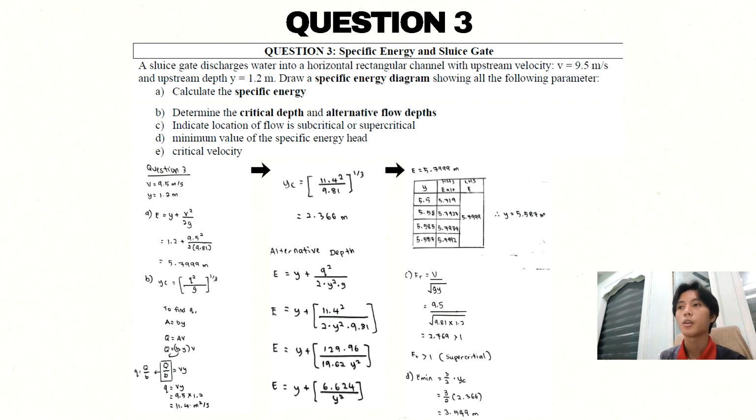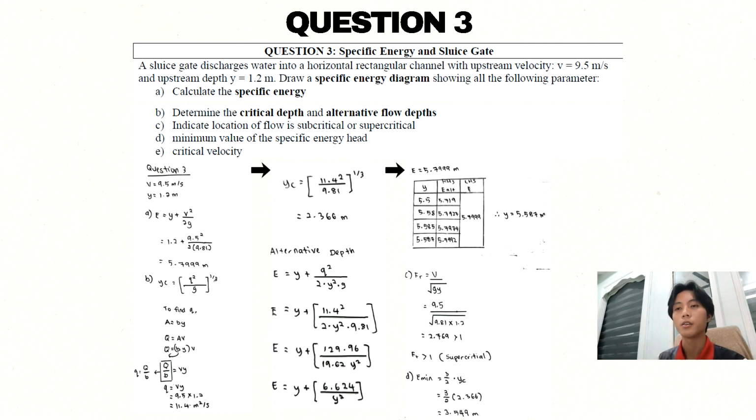We will use the formula yc equals q square over g powered by 1 over 3. The steps below are the ways to find q. So we can conclude that small q equals Q over b, which also equals vy.